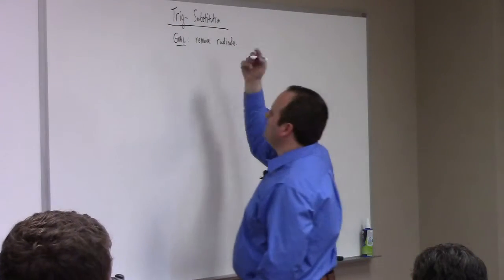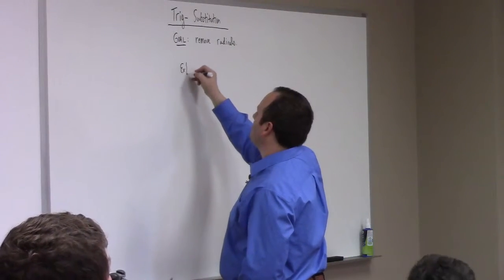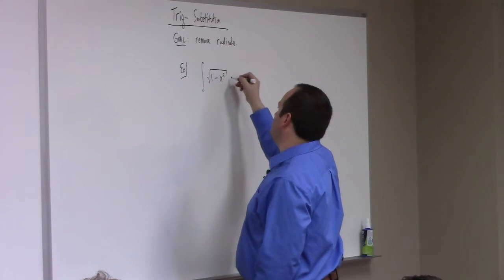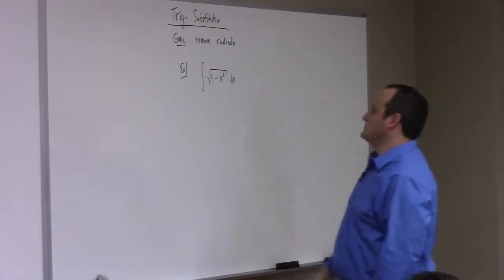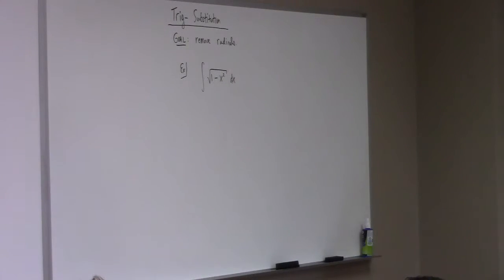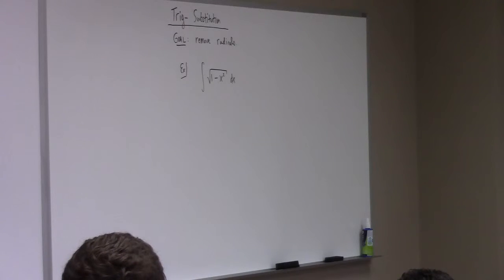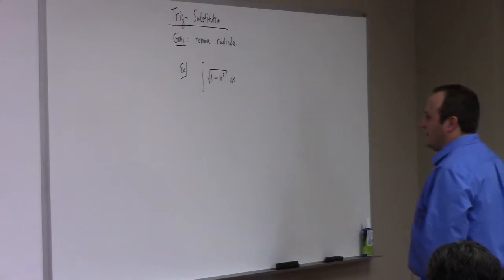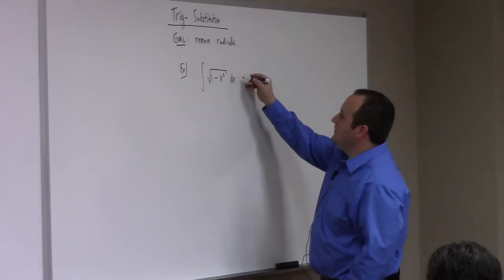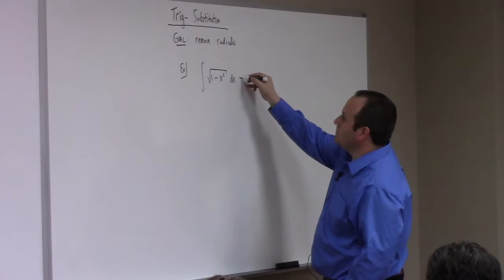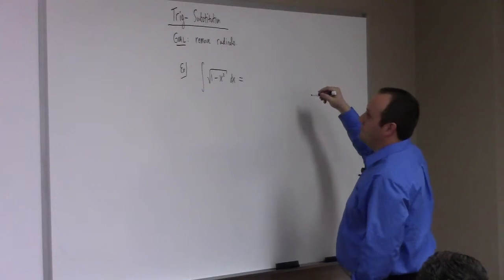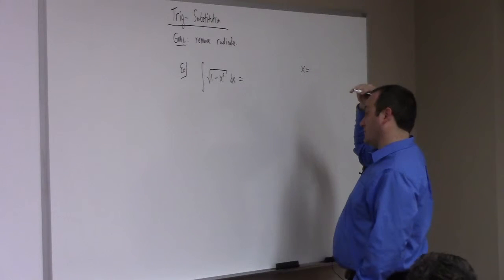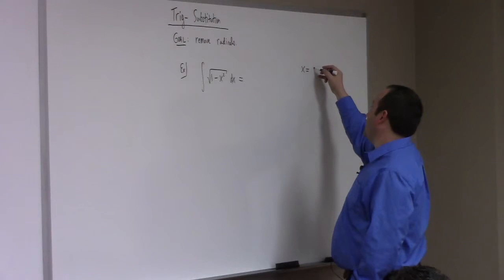But that's what people usually say. Here's an example. Suppose we want to integrate the square root of 1 minus x squared dx. Now, you can try the standard bag of tricks we have up to now. You'll fail. I don't think U substitution or integration by parts will do much for you here. I could be wrong. But what will work here is if we let x equal, let's say, sine theta.